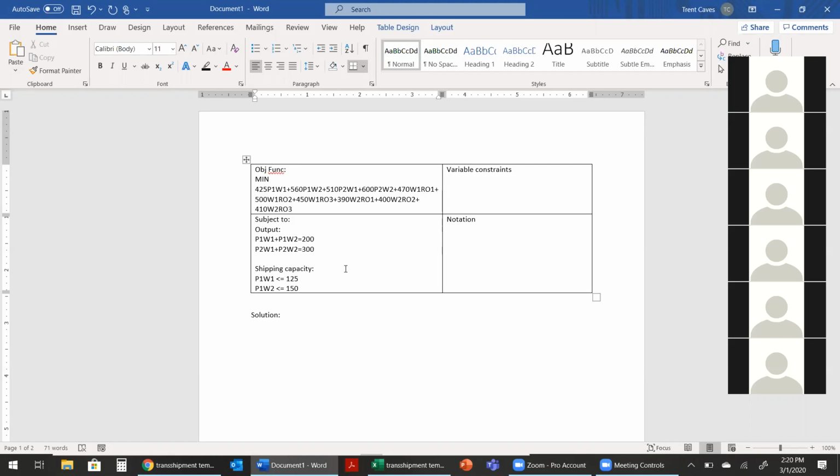And then now we've got the same type of capacity for plant 2. Plant 2 to warehouse 1 is 175, and plant 2 to warehouse 2 is 200.